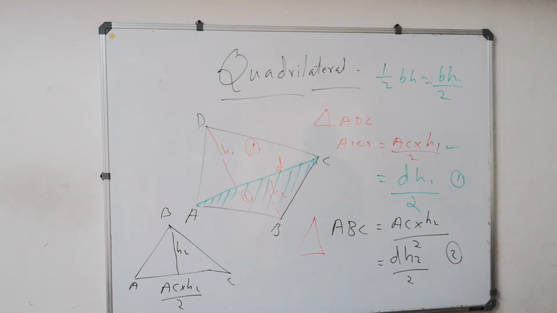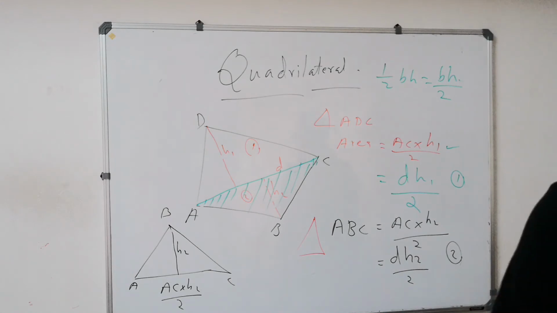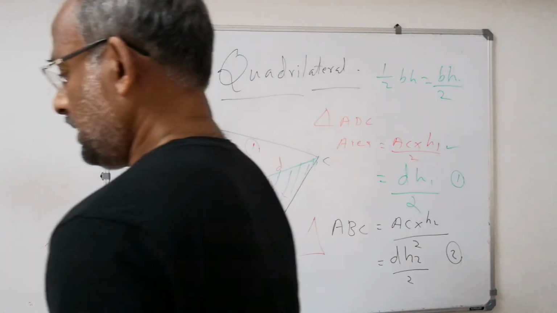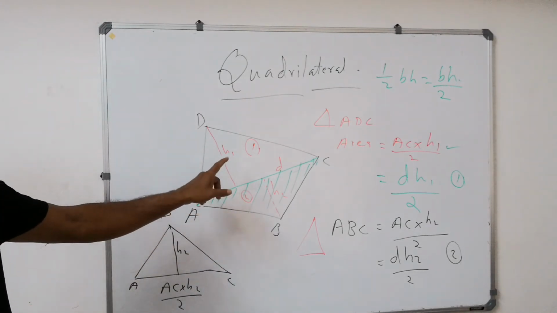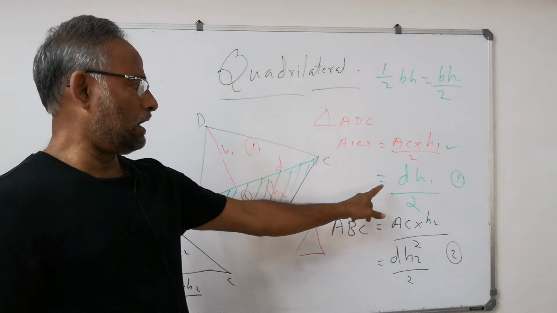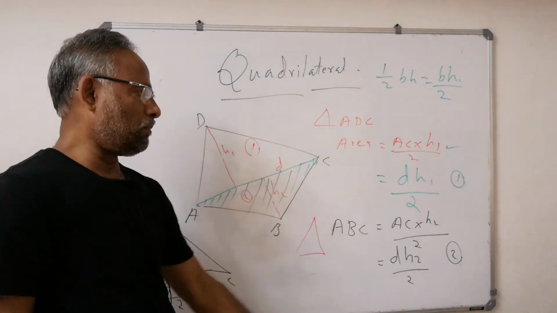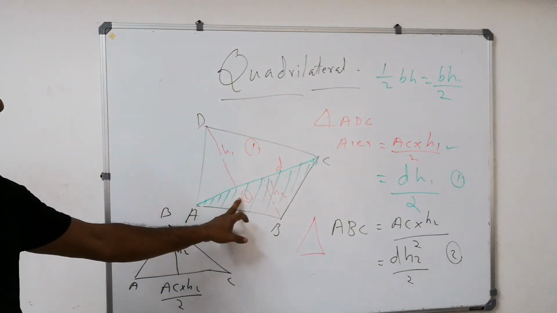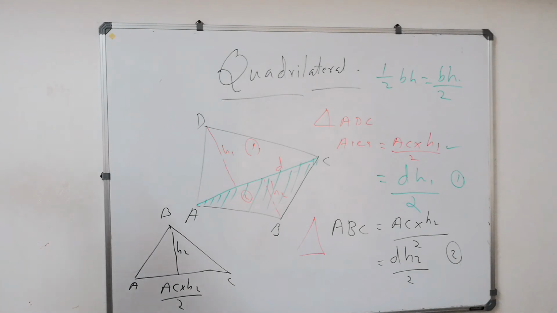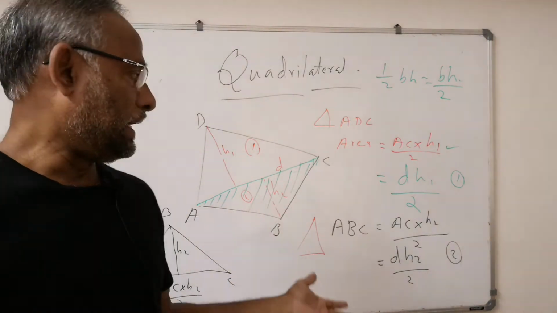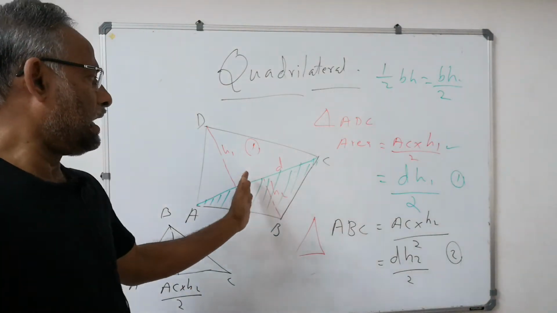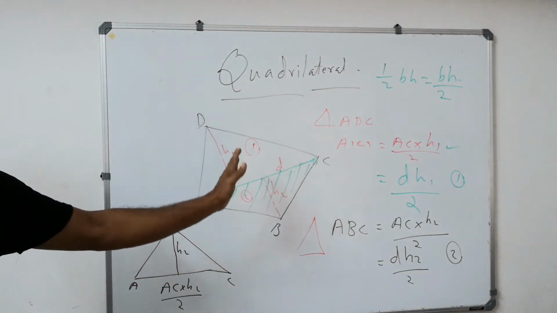Now listen here, the formula. Now you can complete the formula. Sir, how? We divided into two triangles. For triangle 1, I gave you the formula, D h1 by 2. Second triangle, D h2 by 2. So the sum of the areas of the two triangles is the total area of the quadrilateral.